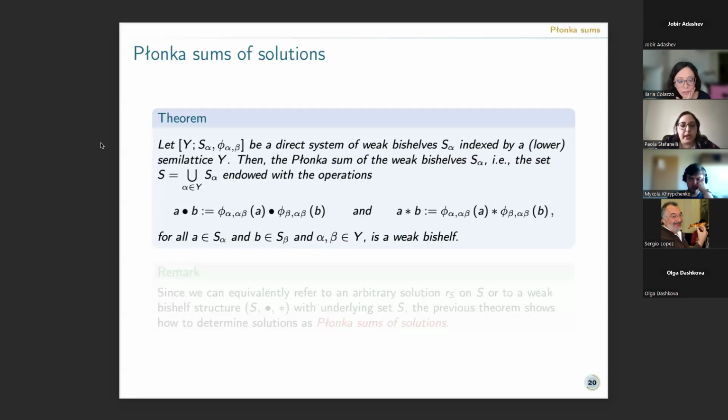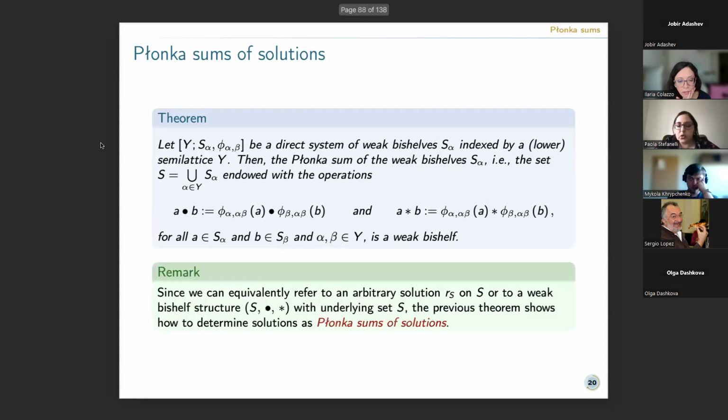And since we can equivalently refer to an arbitrary solution R_S on S or to a weak bi-shelf structure having the same underlying set S, this theorem shows the algebraic definition of Płonka sums of solutions, because as I said, Płonka sums involve algebras. So this is a way for defining Płonka sums of solutions in a more direct way.